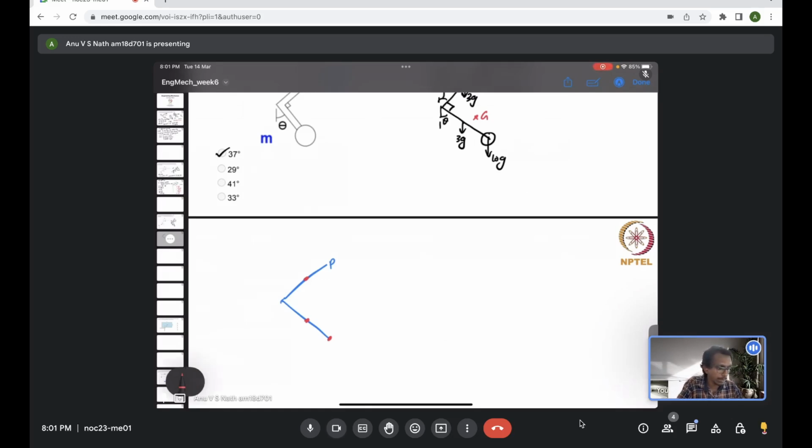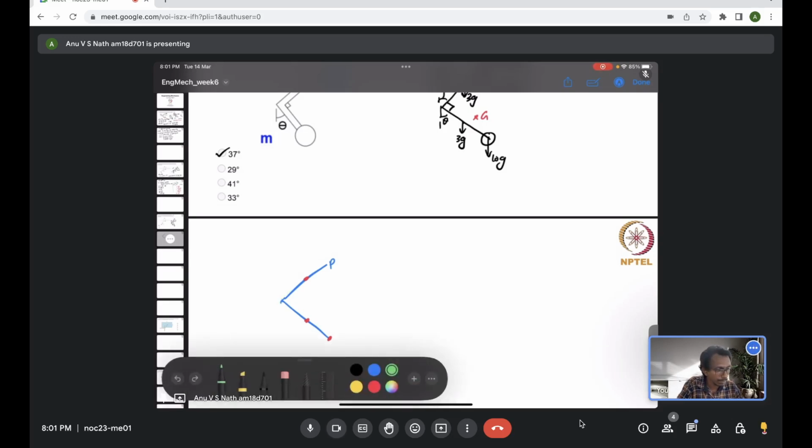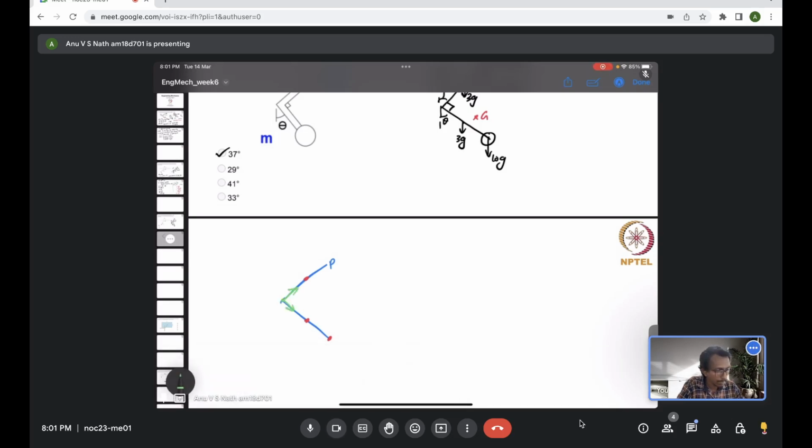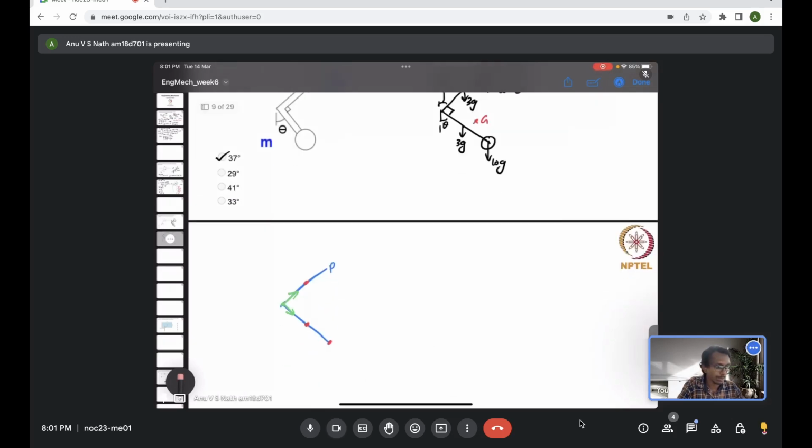Now you have to consider a coordinate system. So you can choose this to be the coordinate system. Let's say this is the x direction, this the y direction, not to confuse with the xy we chose for the forces. So let's say this is capital X and this is capital Y.